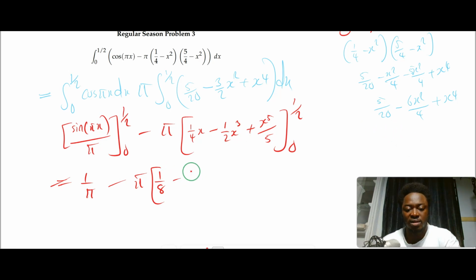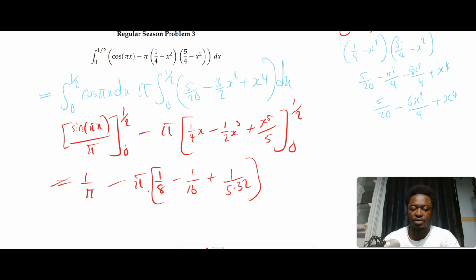Yes, 1 over 16, and then plus 1 over 5 times 32. So let's combine the like terms. If you do the math, you should get 1 over pi minus pi over 10.